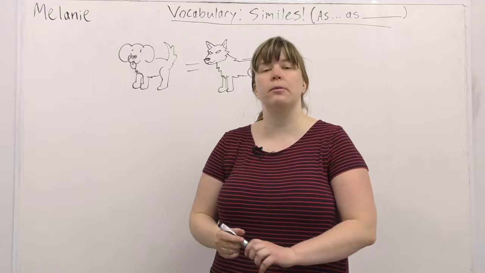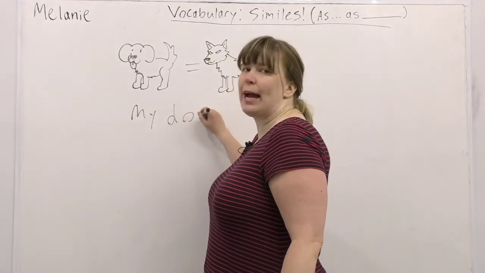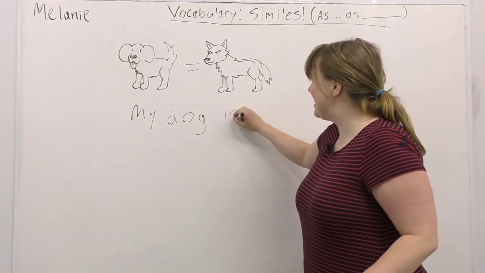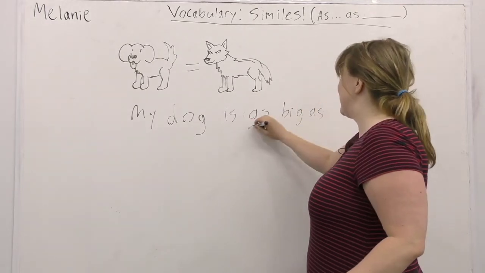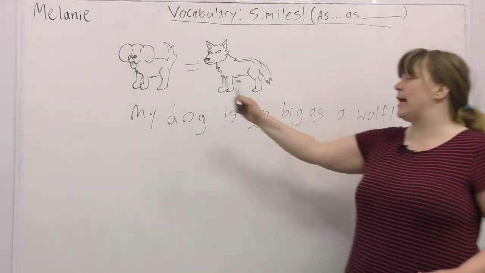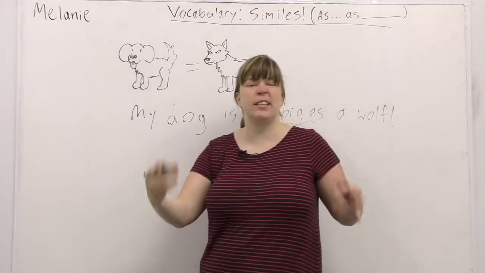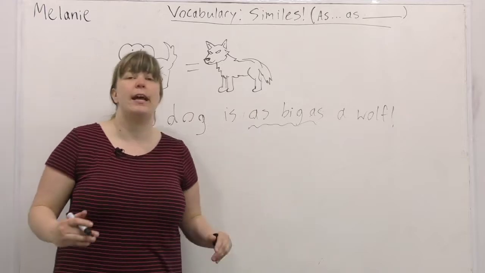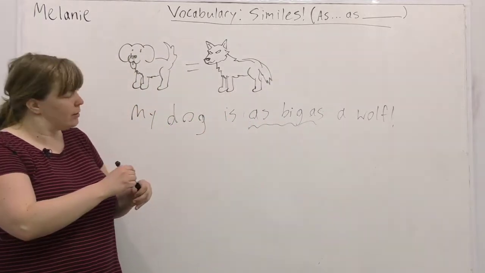So, for example, my dog, that I don't actually have, I wish I had a dog, but my imaginary dog is as big as a wolf. All right, I got a big dog here. Same size as a wolf. So this particular comparison is stating that these two things have the same size. It's not bigger than a wolf, but it is the same size as a wolf.